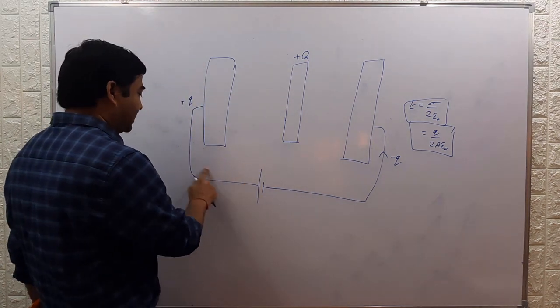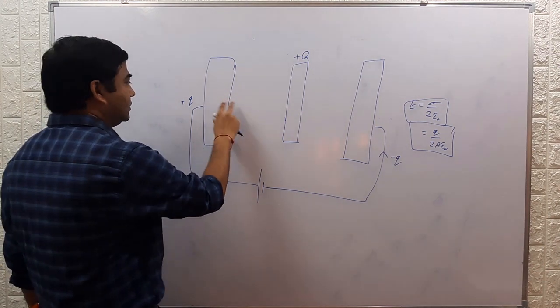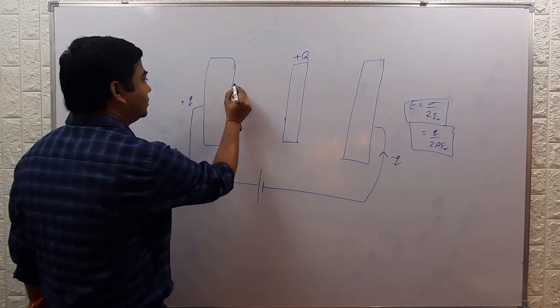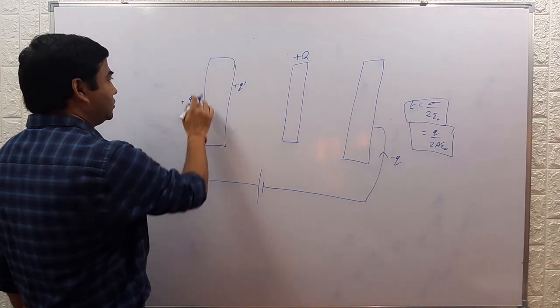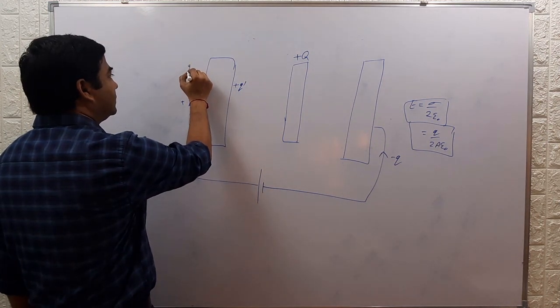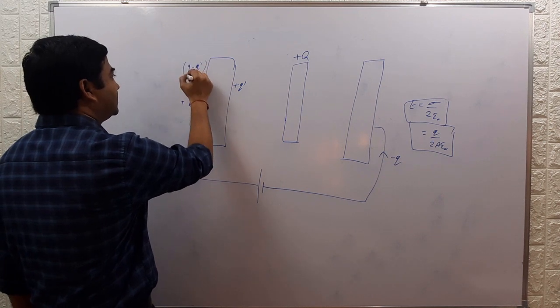So let plus Q charge be applied to this. Let out of this plus Q, Q dash charge go to this surface. So this surface will have Q minus Q dash charge.